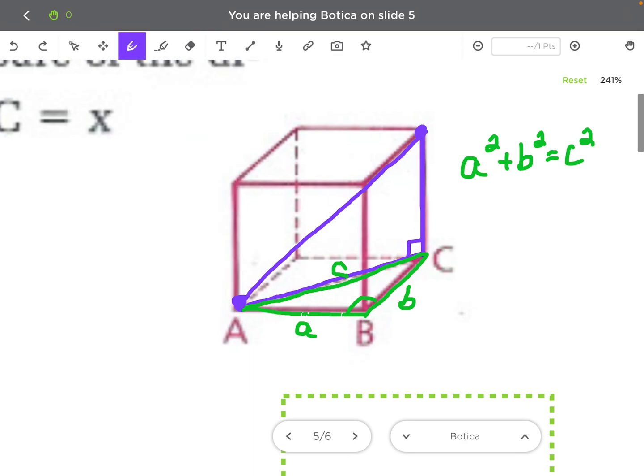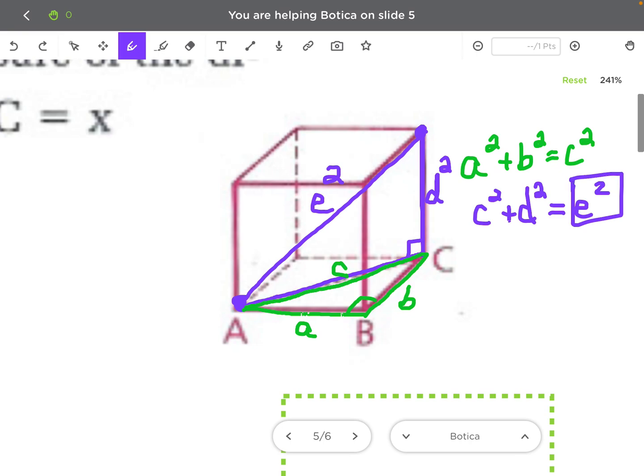Now, once we get C, we'll use C and we'll say that C squared plus D squared is equal to, and we'll call this E squared. Okay, and that's essentially what we want to get. We want to get this E squared, right?